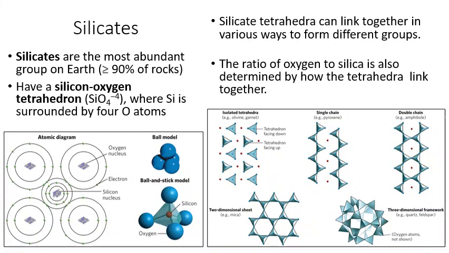So the different groups of silicates are the isolated tetrahedra, which are olivine and garnet, single chains like pyroxenes, double chains like amphiboles, sheets like the micas. So imagine the books of mica or the cleavage planes of mica forming in sheets. That's because these silicon tetrahedra organize themselves in sheets. And 3-dimensional frameworks like quartz or feldspars.